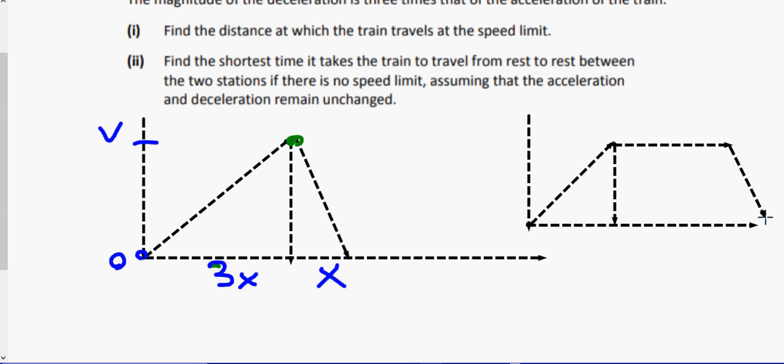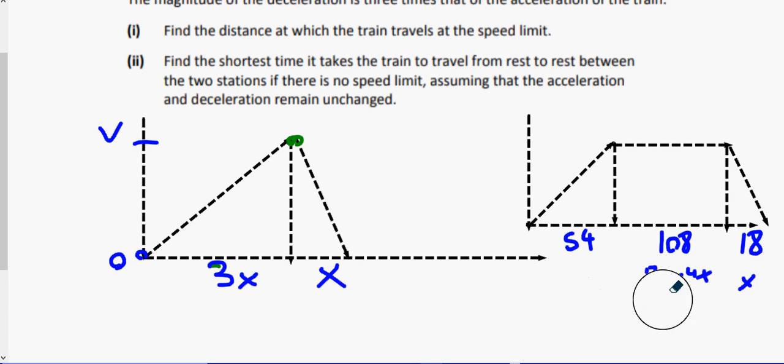We had x as 18, so that was 108 seconds, and this one here was 54, because that was 3x, x, and 180 minus 4x. And so it took 54 seconds to reach a speed of 25 meters per second.